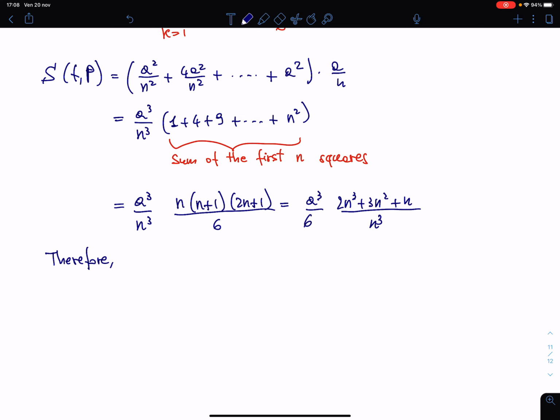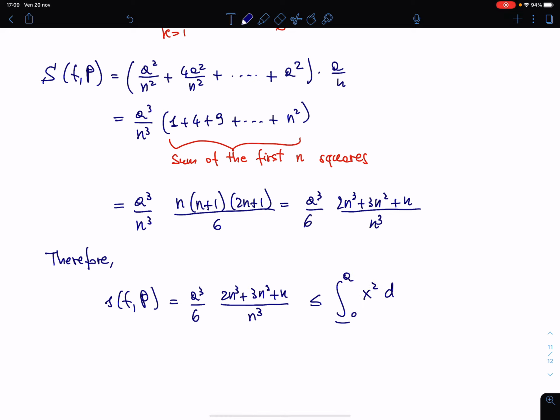So here therefore we have that S Fp, which is equal to a cube over 6, 2n cube plus 3n squared plus n divided by n cube, of course is less or equal than the lower integral between 0 and a of the function x squared dx.